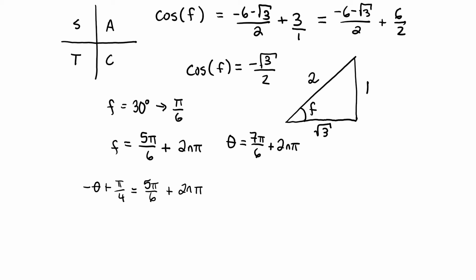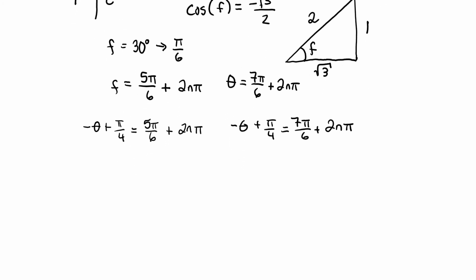And we do the same thing here. Negative theta plus pi over 4 equals 5 pi over 6, oops, sorry, mistake, 7 pi over 6 plus 2n pi.